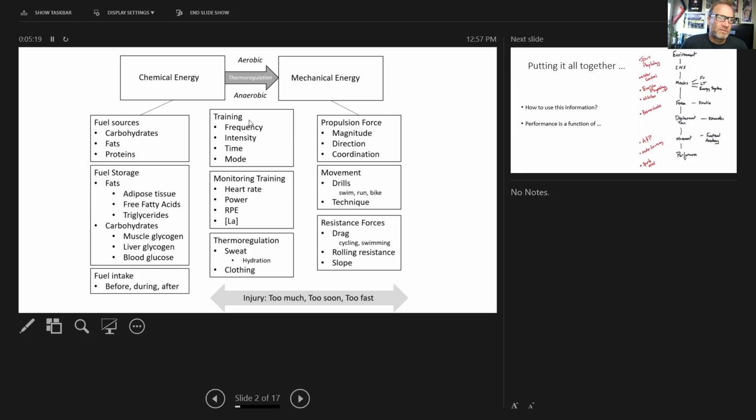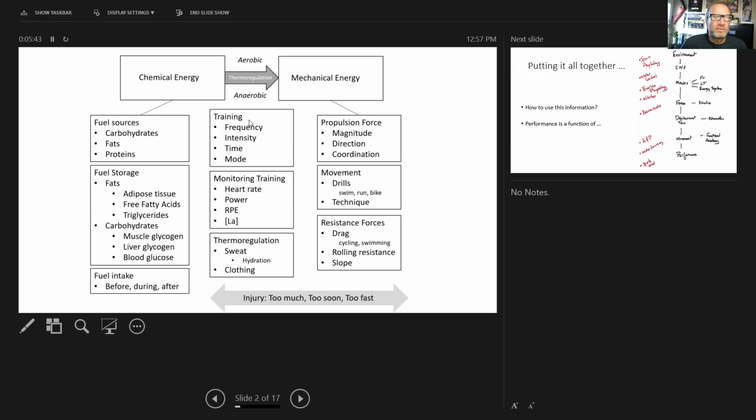And if you've taken that class, we've spent more time on this side of this model, or if you're going to take that class, this is where we'll be in this model, spending more time on understanding the forces involved, both the propulsive forces as well as the resistance forces: drag forces, rolling resistance, biking uphill type forces, running uphill type of forces.